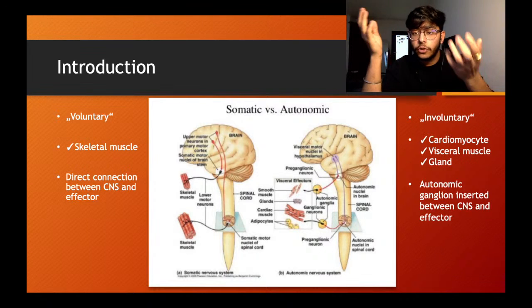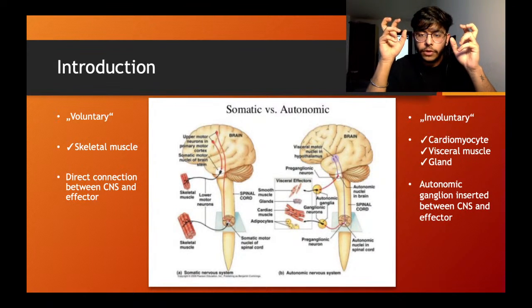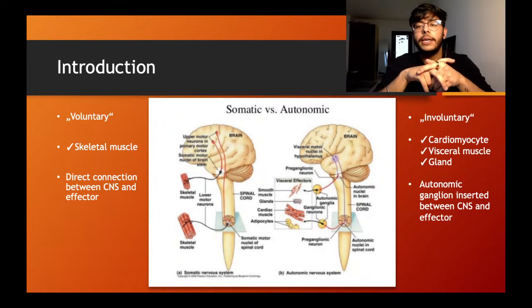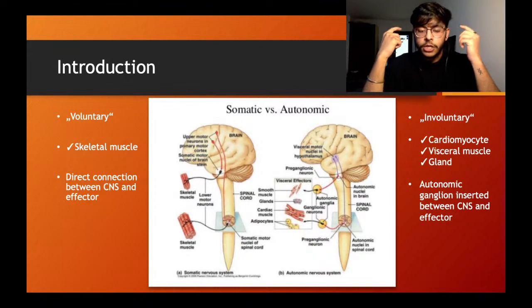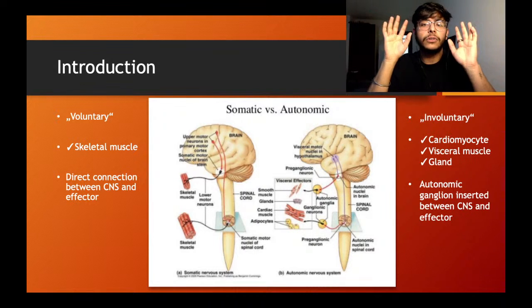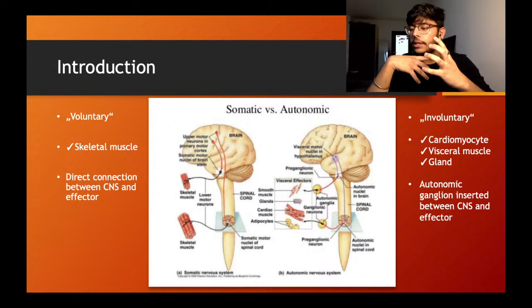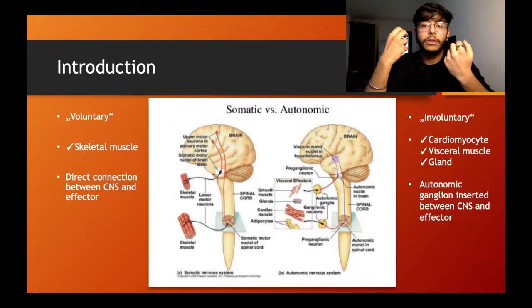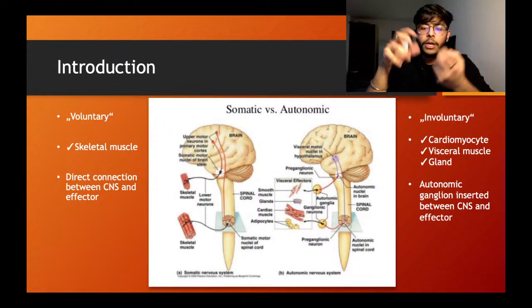Whereas when we move to the autonomic nervous system, also called the involuntary nervous system, this is essentially what our body has no control over in terms of conscious control. So I can't think in my mind, okay, I want to increase my heart rate, and it'll actually happen. Of course not. So the autonomic system is something that has developed in humans over a very long period of time.